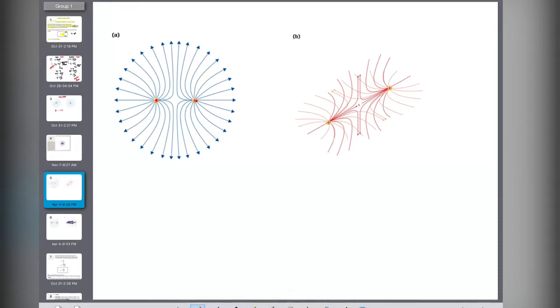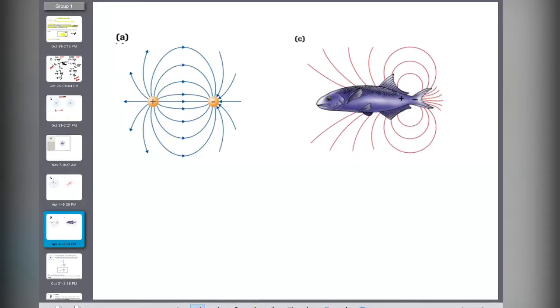These two are repelling, positive and positive, and see how the field is still leaving from the positive going in the other direction? Same thing, this is repulsive again. And this is now attractive. I have a plus and a minus, and it's attractive, and the rule stays the same. It goes from positive towards the negative.